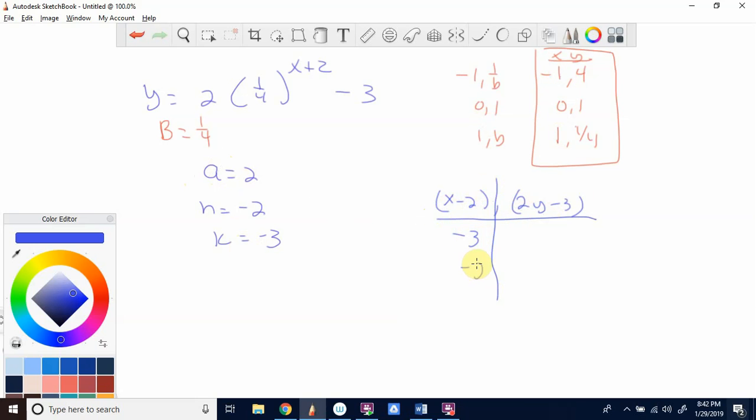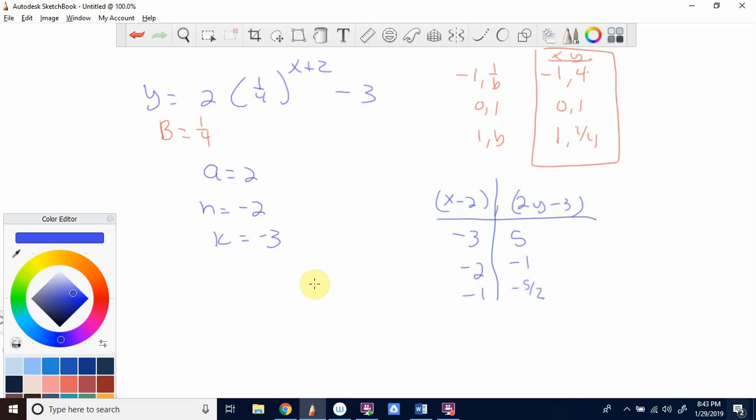Put 0, we get negative 2. You put 1, and you get negative 1. So negative 3, negative 2. And then you put 4 into this equation, you get 5. You put 1 into this equation, you get negative 1. You put 1/4, and you get negative 5/2.